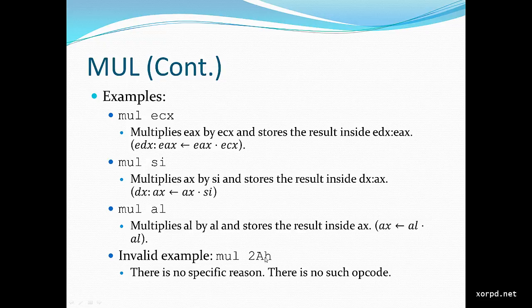Well, you can't do this. There is no such opcode. And actually, there is no specific reason. Maybe because of some kind of historical limitation. Maybe in the past it was hard to produce such opcode. And the reality is that there is no such opcode. So you can't do this. You always have to move the number inside the register and only then multiply.